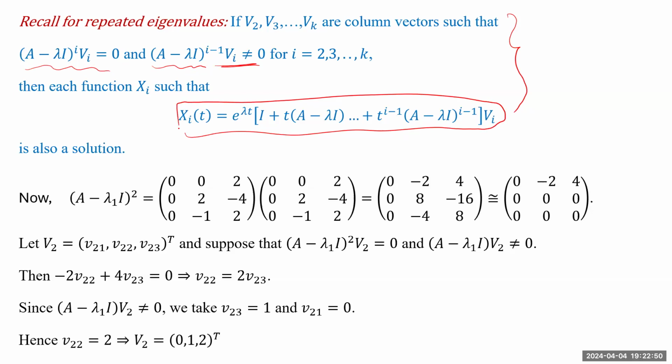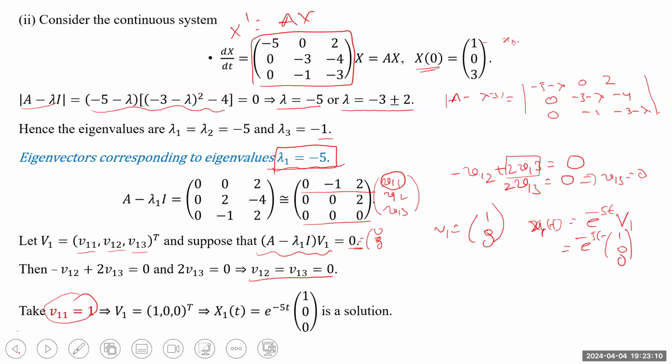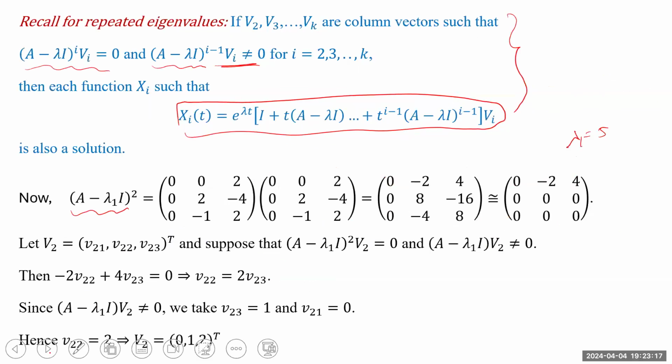Right. So our eigenvalue is repeated 2 times. That's why I am going to take A minus lambda 1 I whole square. Already we know what A minus lambda 1 I is from the previous one, so you just multiply it with the same matrix. It is the product of two matrices, and you know how to multiply.